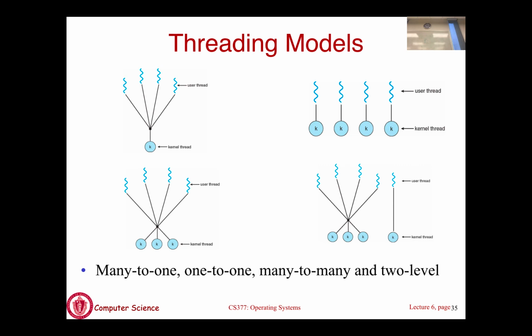Okay. Yes, question. What's the benefit of doing many-to-many? So that basically goes back to what work each thread is doing and how much CPU it needs. If you have the one-to-one model, that's the default model. Each of your threads is going to get scheduled at the same priority level. It might get the same amount of CPU time and so on and so forth.